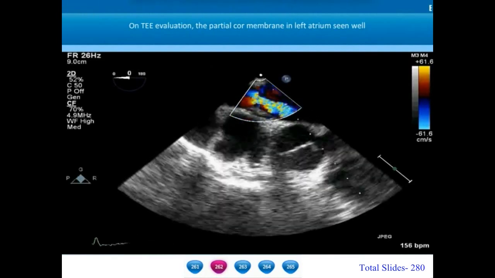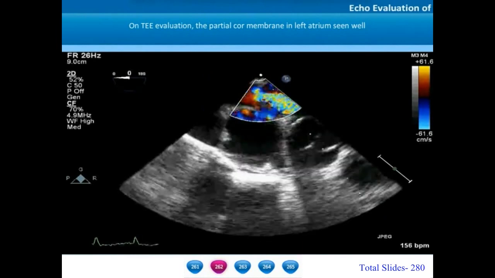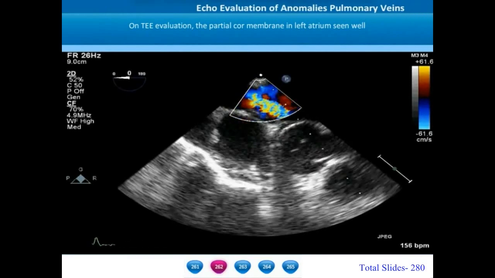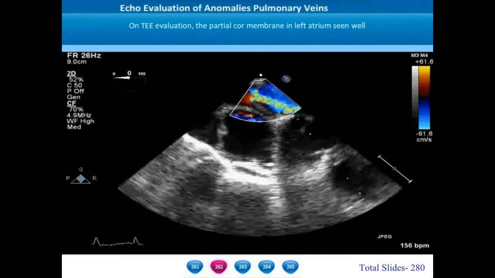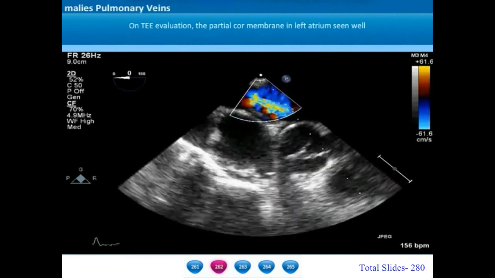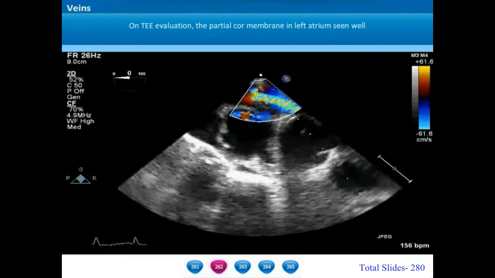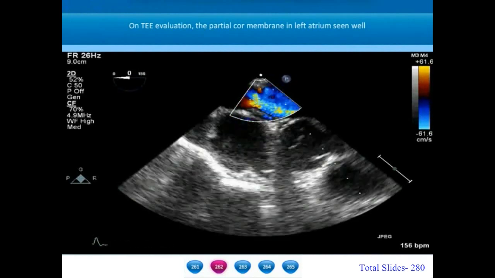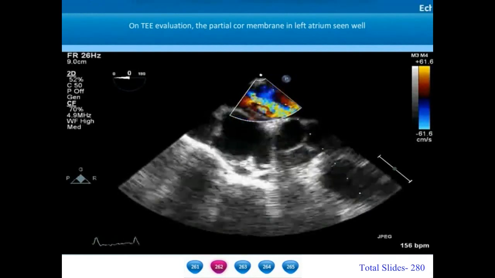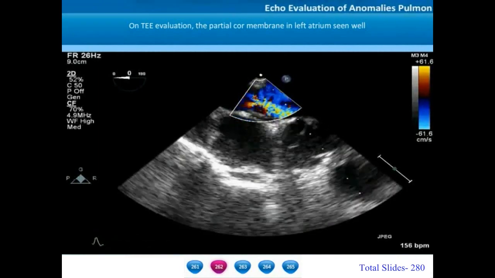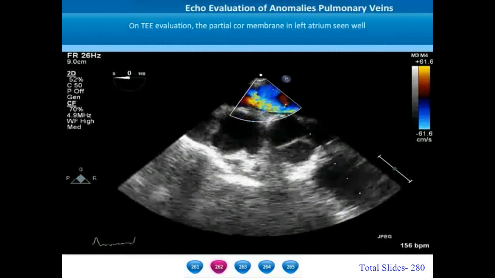A transesophageal echocardiogram done on the same patient shows the partial cor triatriatum membrane in the left atrium very clearly. The right pulmonary veins enter the proximal portion of the left atrium and then are obstructed by a thin membrane. A small orifice allows the blood flow from the right pulmonary venous common chamber into the remaining portions of the left atrium.